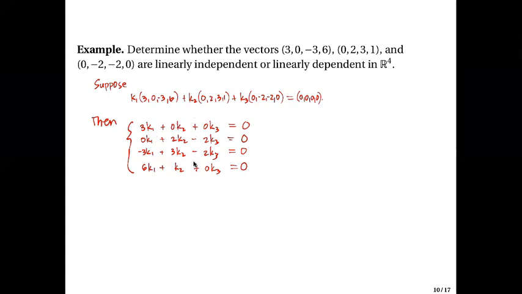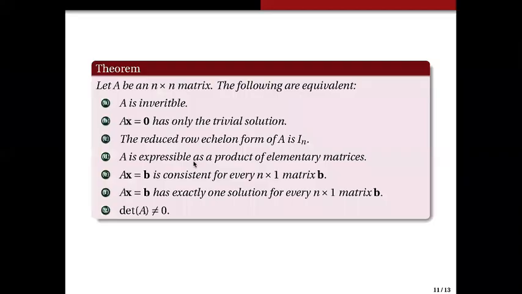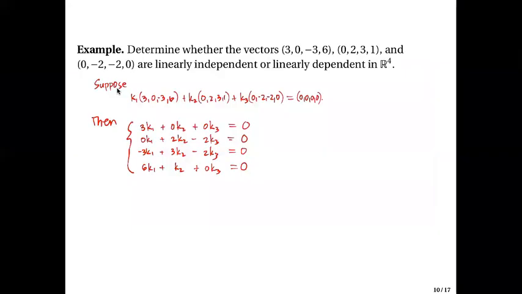So if you transform this into a matrix equation, you will not be able to use the theorems that pertain to this, because you should only have an n by n matrix, a square matrix. So you solve this using the methods that we know in solving linear systems. You can solve this using the elimination method, or you can solve this using the Gauss-Jordan method.